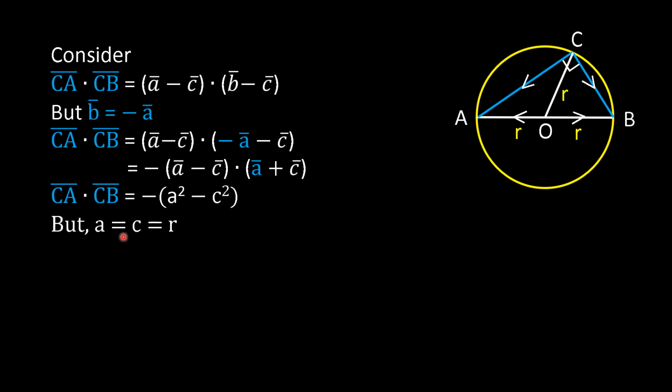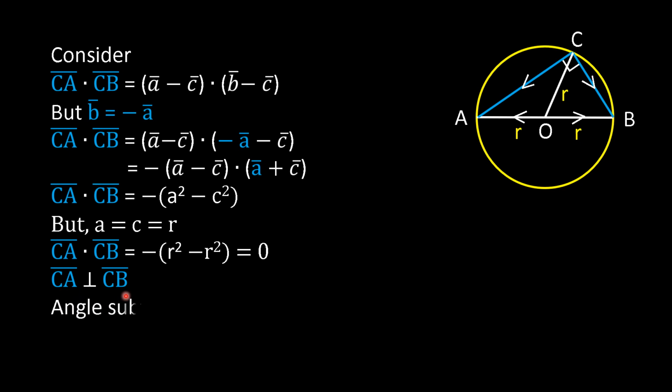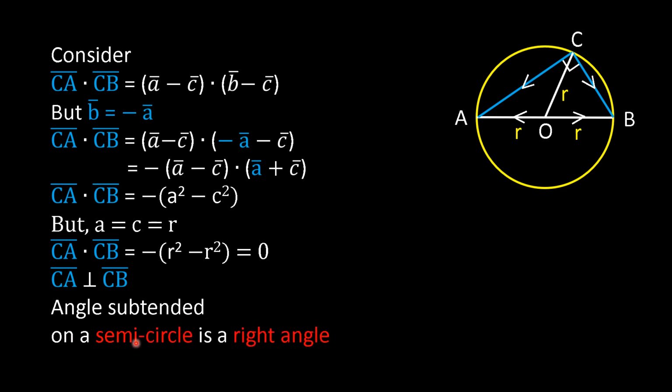But A equals C equals R. Therefore, CA bar dot CB bar will be minus R square minus R square, which will be 0. Since CA bar dot CB bar is 0, we conclude that CA bar is perpendicular to CB bar. Therefore, the angle subtended on a semicircle is a right angle.